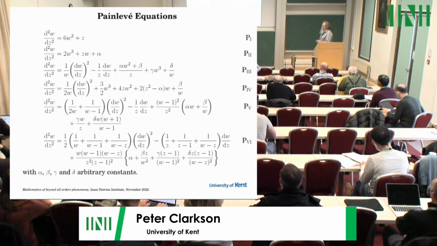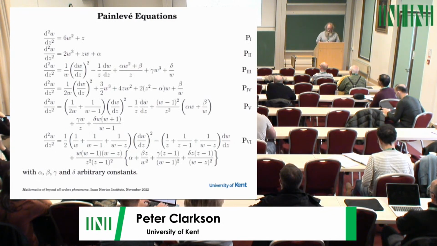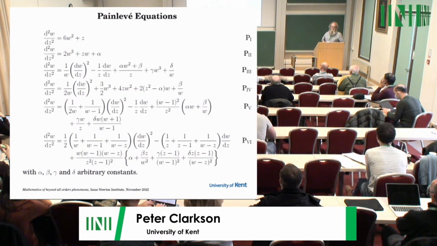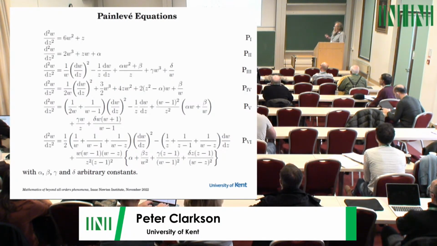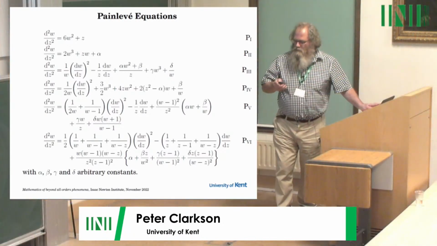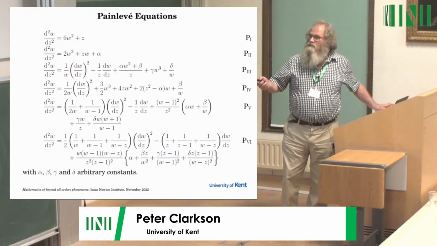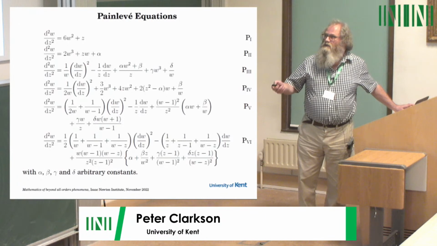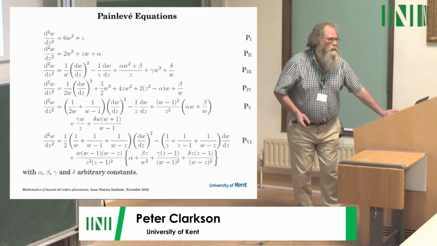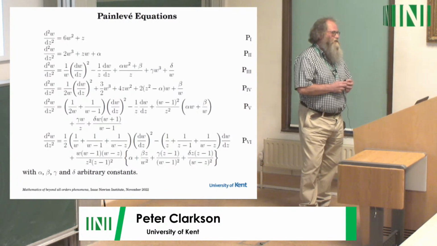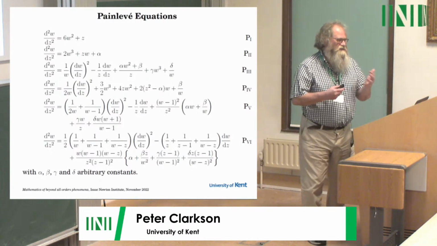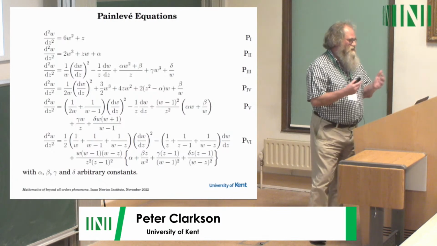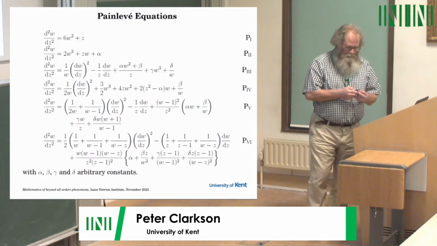So, there are the 6 Painlevé equations, which many of you will know. These were derived in the late 19th and early 20th century by Painlevé, Gambier and their colleagues. And they involve arbitrary constants, alpha, beta, gamma, and delta, or certainly the second to the sixth do. Now, as Nalini mentioned, the general solution is transcendental. I'm actually interested in solutions that are not transcendental, the so-called classical solutions of them.